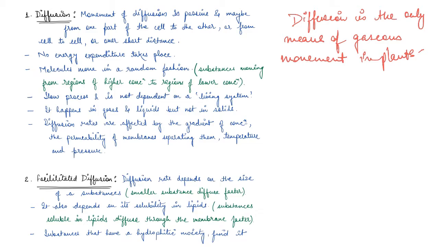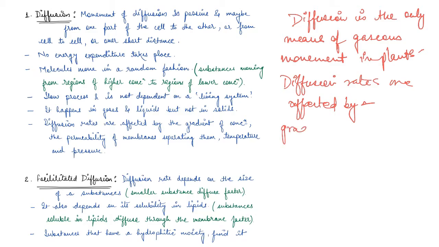Now, the rate of diffusion is affected by the gradient of concentration, by the permeability of the membrane which is separating them, temperature and pressure. So remember that diffusion rates are affected by, first, the gradient of concentration.